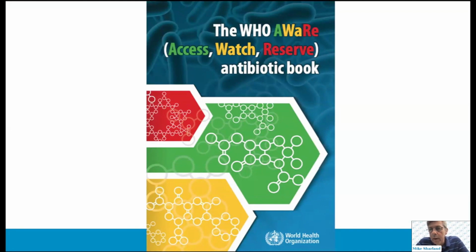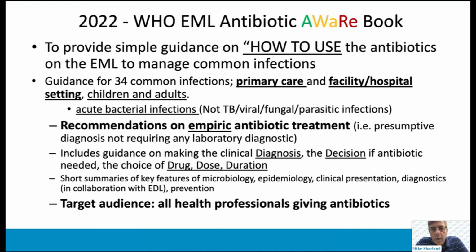We're now working our way through the next edition, and there will be plans for a regular and complete update of the book as well. So it moved on from a list, which is classically what the essential medicines list was, just a list of the medicines you should have available, to how you should use those.